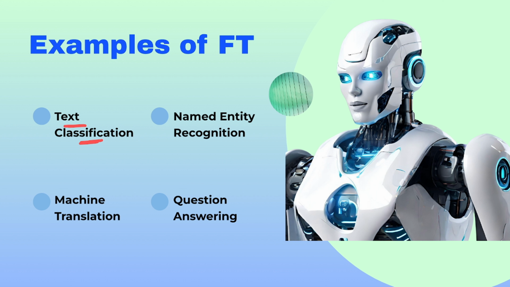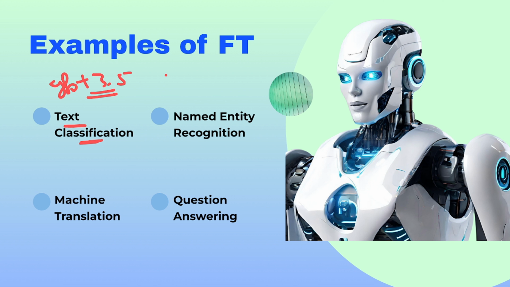So for sentiment analysis, the text classification, you would fine tune the model on a dataset of labeled news articles with their corresponding sentiment labels. Let's suppose you are using GPT 3.5 turbo. Obviously it will not be able to predict whether this news is positive or negative, because it might not be trained for it.